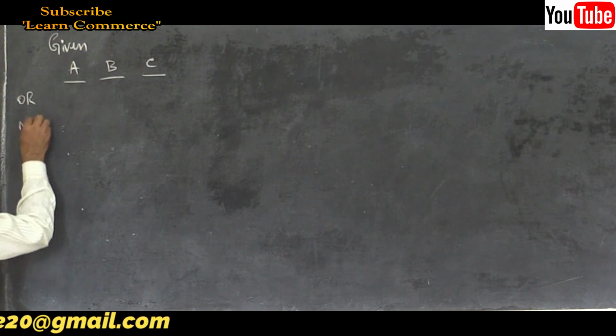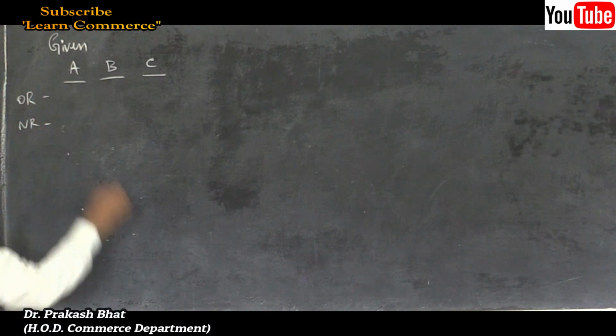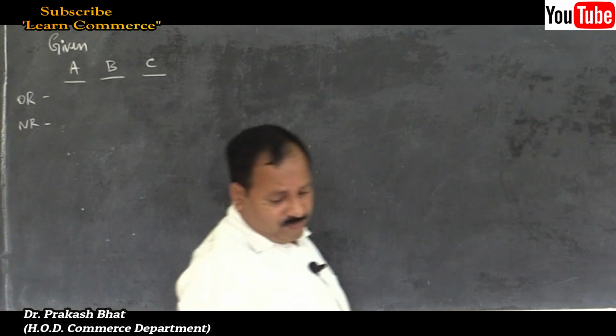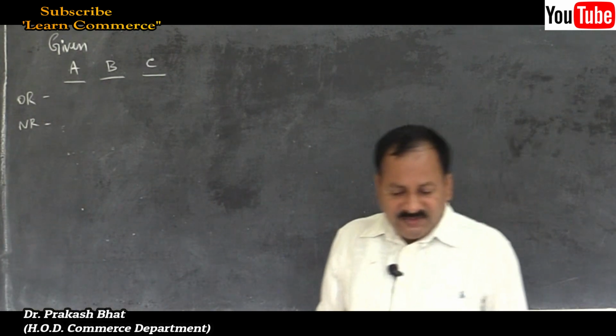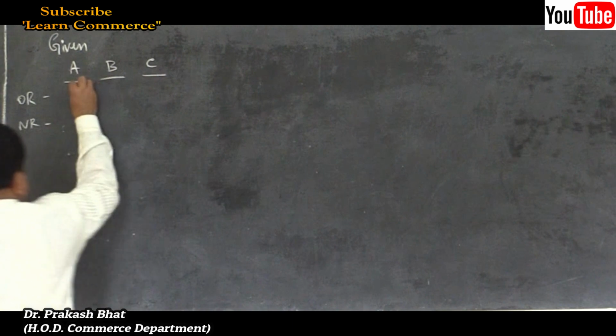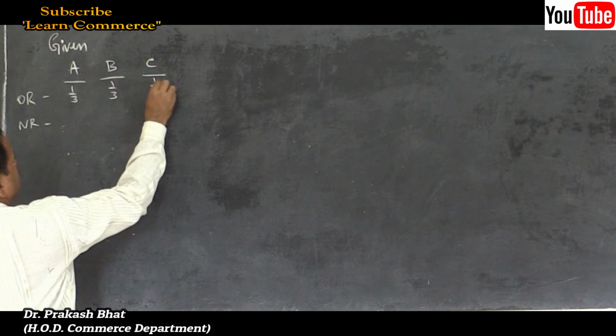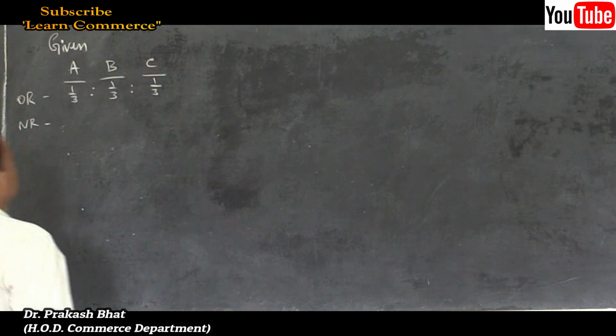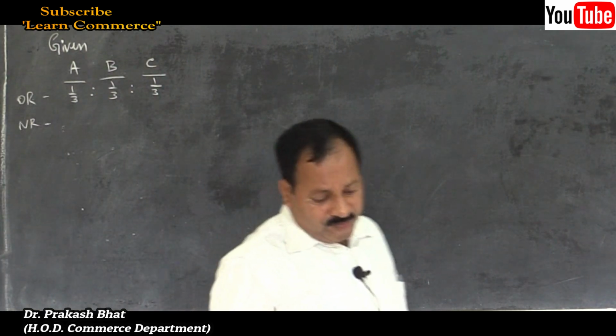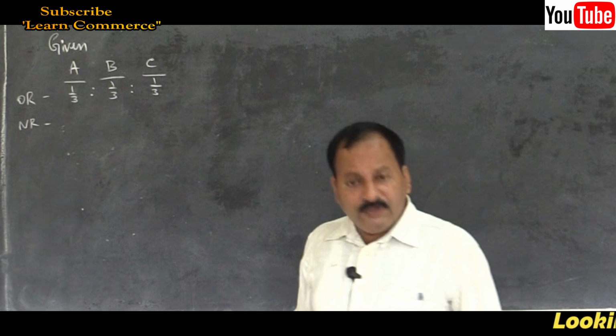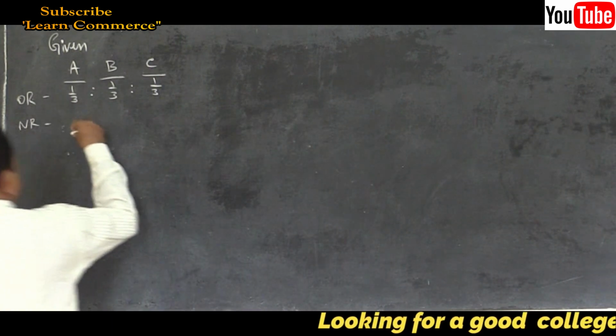New ratio is given in the problem. Write it. Old ratio 1:1:1. So 1/3, 1/3 and 1/3. New ratio is equal to 4:3.